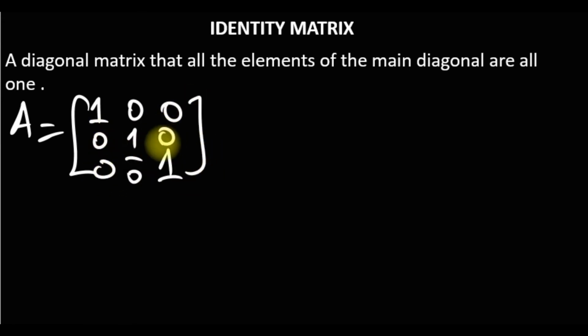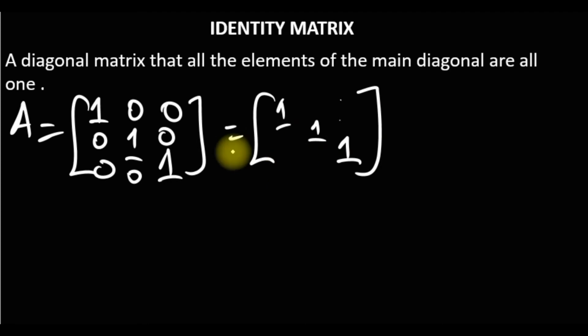Do you see the difference? The elements here are all 1, not just any number. So an identity matrix is also a diagonal matrix, but a special one where all the diagonal elements are 1.